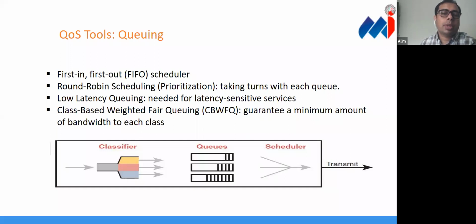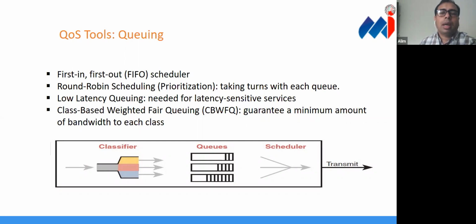But it is not sufficient for voice service or video. So there is low latency queuing, LLQ. It is required for voice or VoIP services. And when you use LLQ queuing, it will prioritize low latency services.